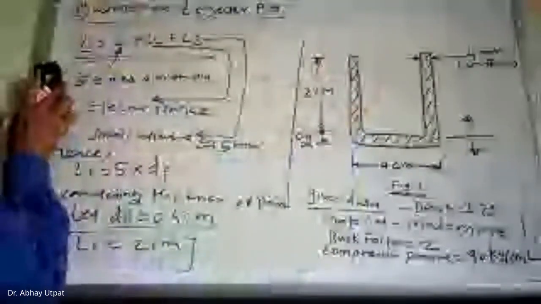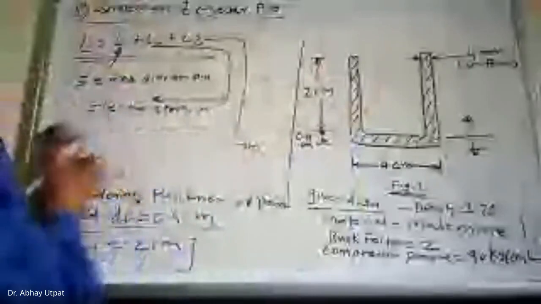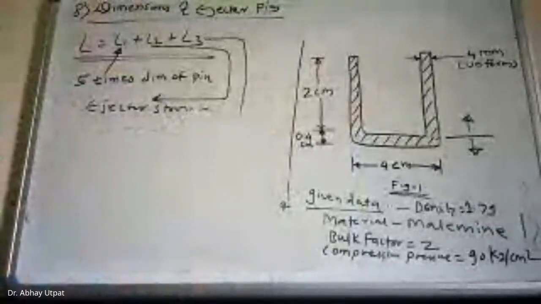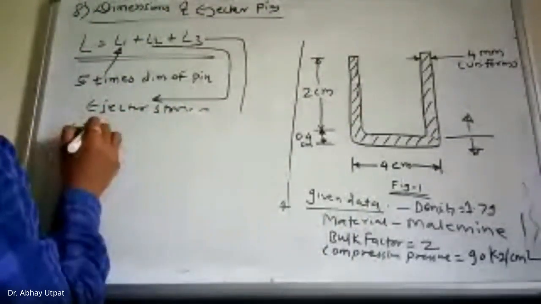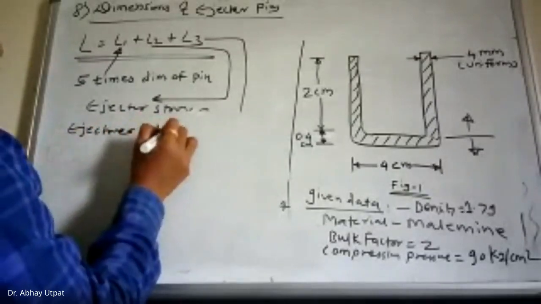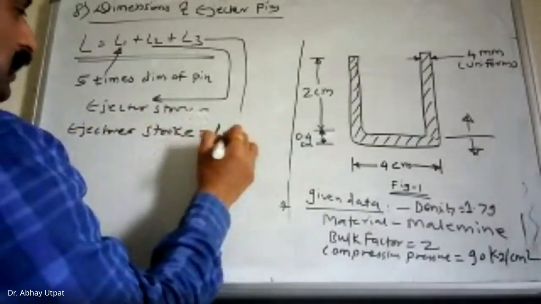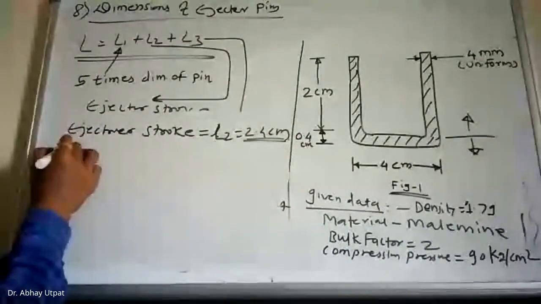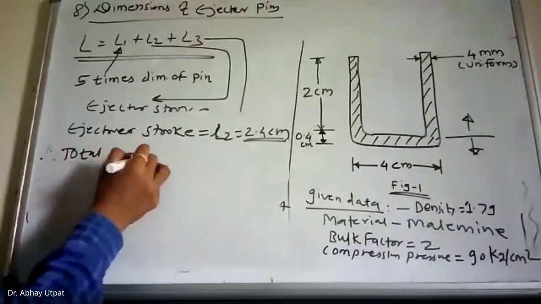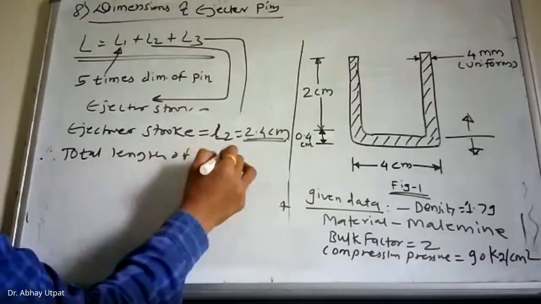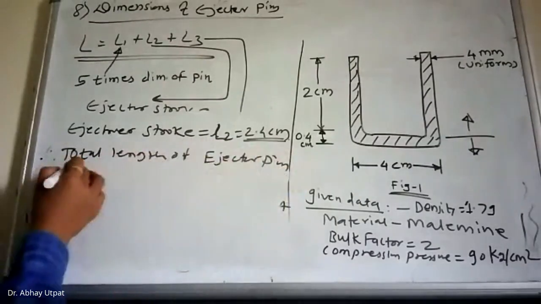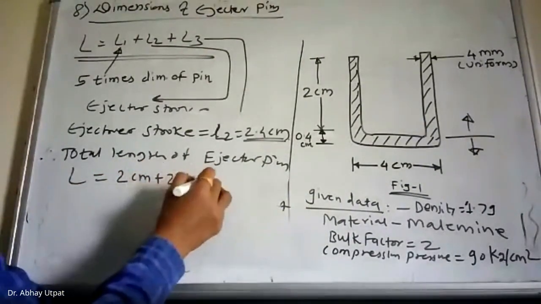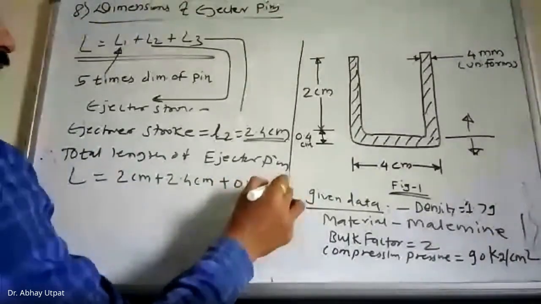Next line. From figure 1, ejector stroke L2 is equal to 2.4 centimeter. Hence, total length of ejector pin L is equal to 2 centimeter plus 2.4 centimeter plus 0.5 centimeter, that is allowance.